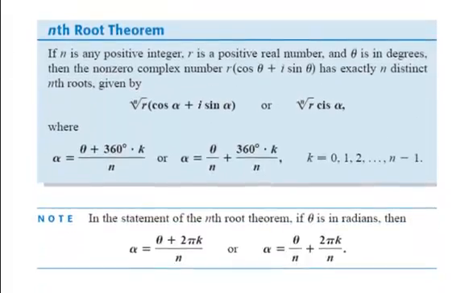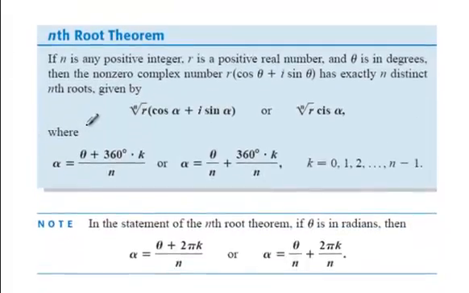Nth root theorem. If n is any positive integer, r is any positive real number, and theta is in degrees, then the non-zero complex number, r cis theta, has exactly n distinct nth roots given by the following formula. We'll simply take the nth root of r. And then there's a somewhat complicated formula to come up with our different angle measures.